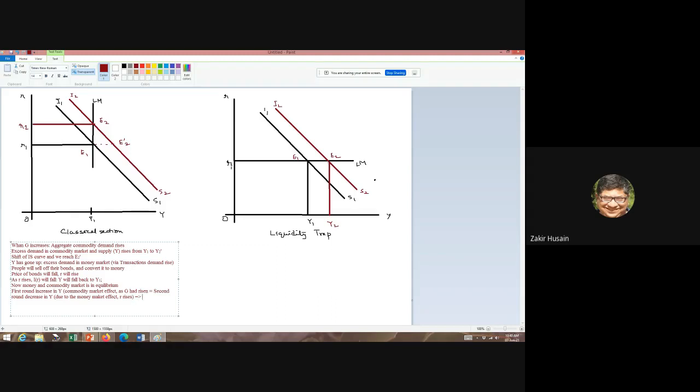So there's no change in Y, which means fiscal policy is ineffective. Okay, did you get this?